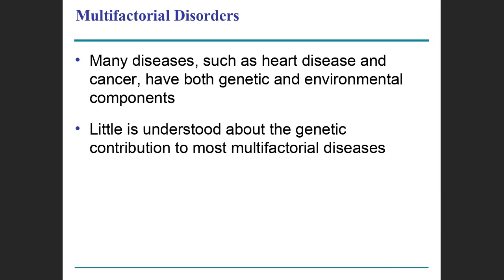So many diseases, like heart disease, which I talked about, are multifactorial, cancer as well. There are certain mutations that make you more prone to certain cancers like breast cancer, but still the environment may have a big impact on whether or not you go on to develop that cancer.